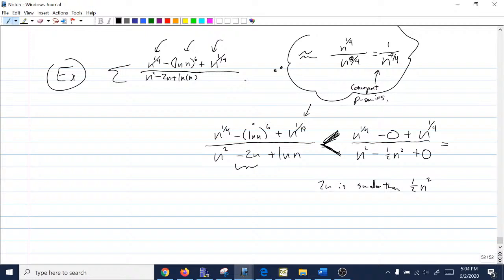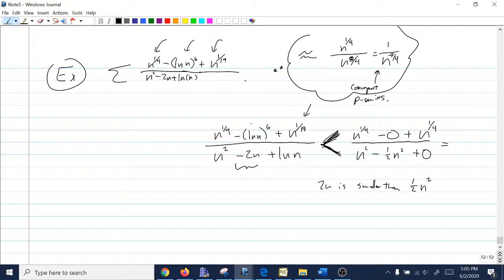Changing this to a 0, yes, you have made the top bigger. Changing this to an n to the 1/4, yes, you have made that bigger. Changing log n to a 0, yes, you've made that smaller because log n is positive. Changing 2n to 1/2 n squared, this is now, to my mind, just a step too big to do without justifying.